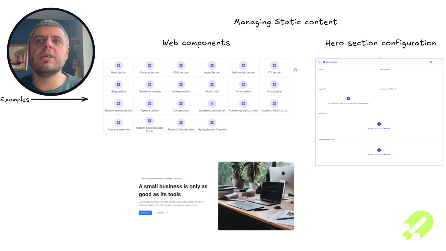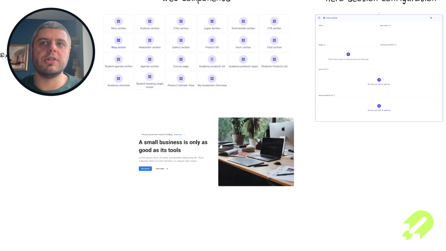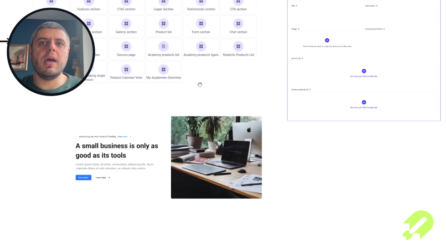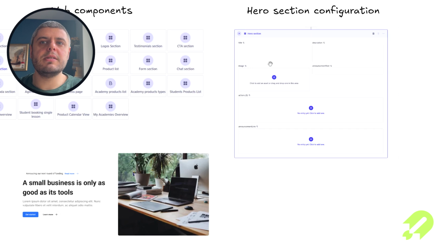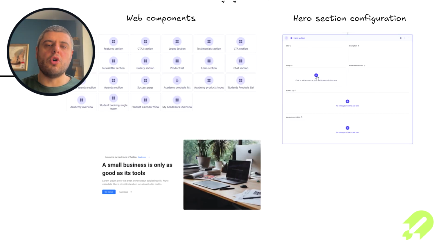How it actually works is that you're selecting components that a developer has already built, such as a home section or a hero section, and via the CMS, you provide the configuration that has been set up for this component in order to work correctly. So all the props and configurations are developed specifically for your case.